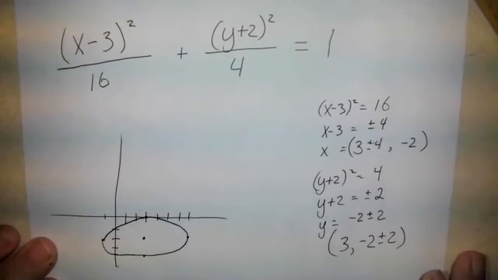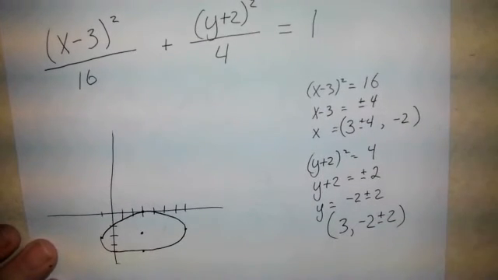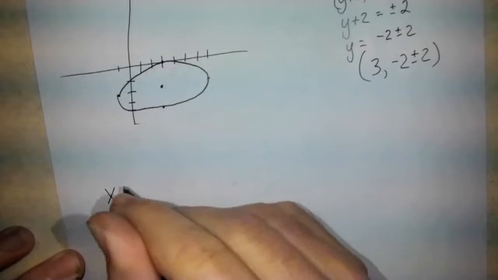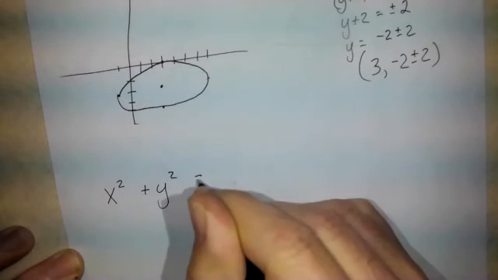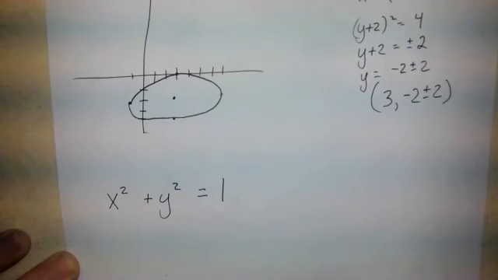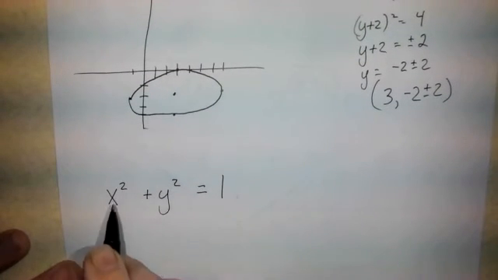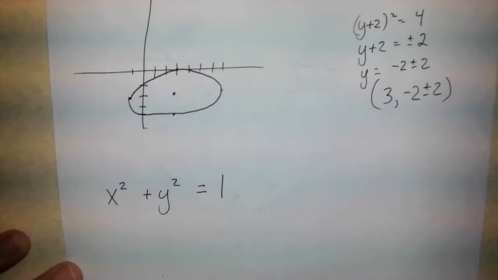The third way to think of this is in terms of transformations. So if I think of x squared plus y squared equals 1 as being the base case for all ellipses, this is a circle with a radius of 1 centered at (0, 0).